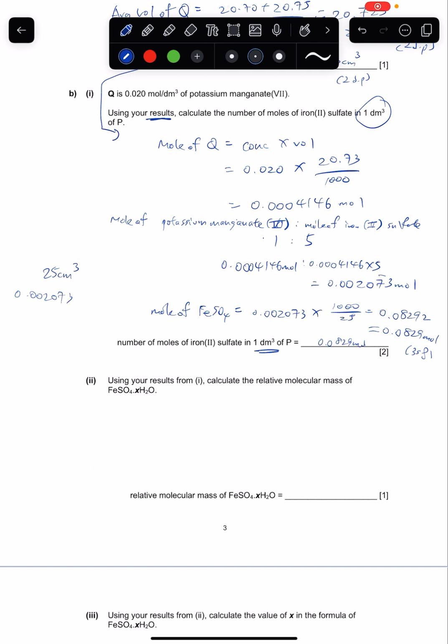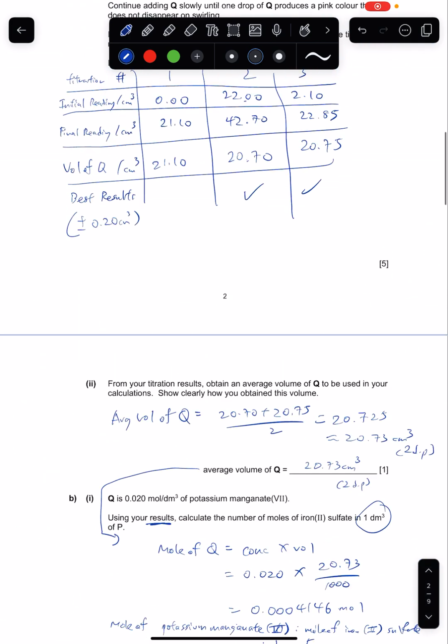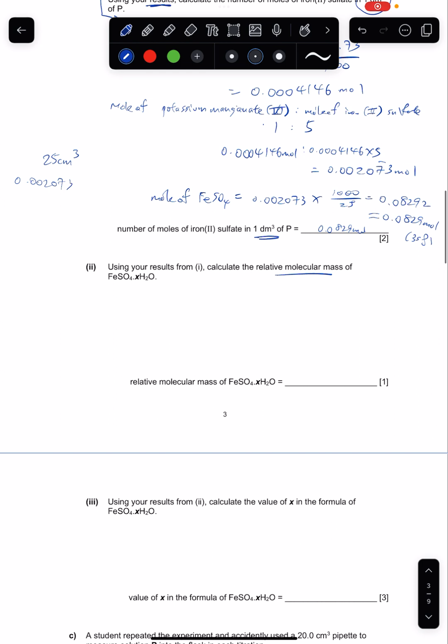Find the molecular mass. Okay, so what do we have of this FeSO4? Oh, notice here, you are given 27.0 grams per dm cube. You have moles per dm cube. Isn't this 1 mole per 1 dm cube? It is.